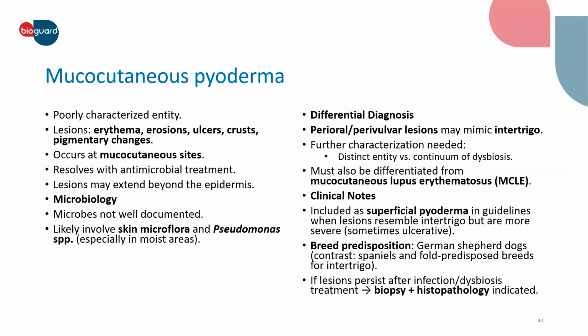And for mucocutaneous pyoderma, that's the figure we saw on the previous page. The lesions include erythema, erosion, ulcers, crust, and pigmentary change, usually occurring at mucocutaneous sites. It can resolve with antimicrobial treatment.